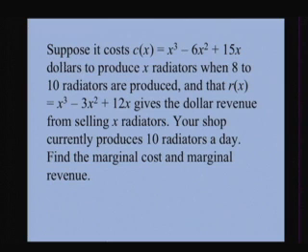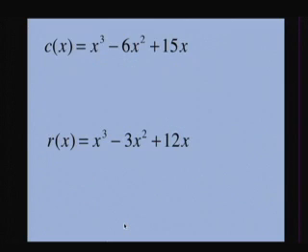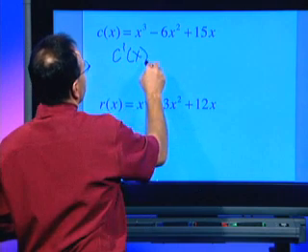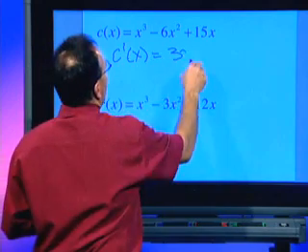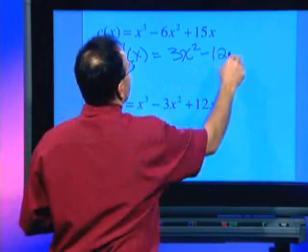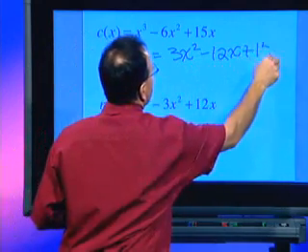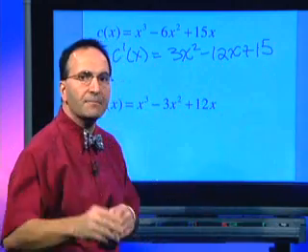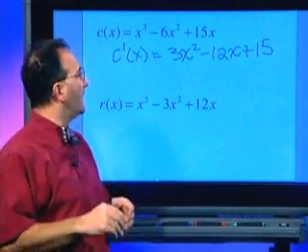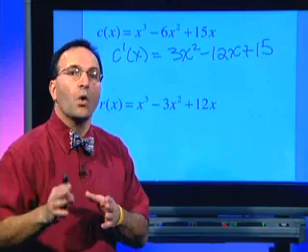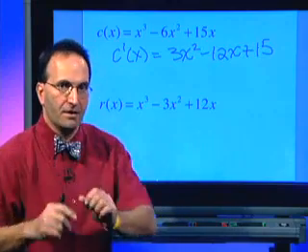Well, of course, as I just described to you, marginal means derivative. So we need to take those two equations for the cost and the revenue and take the first derivative. So C prime of x will be 3x squared minus 12x plus 15. And in particular, they asked us to find the marginal cost when we are producing 10 radiators.